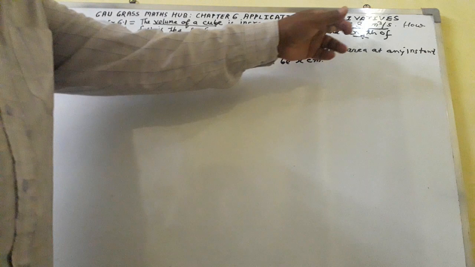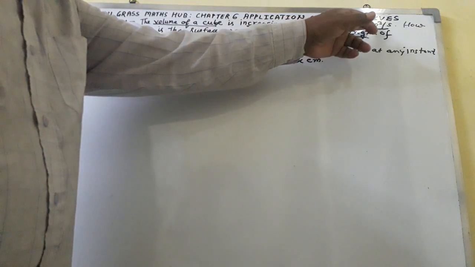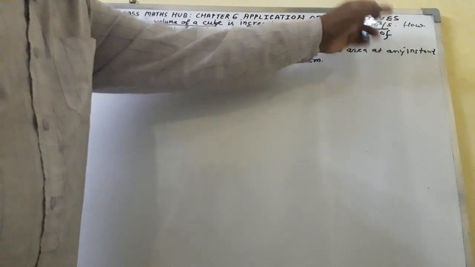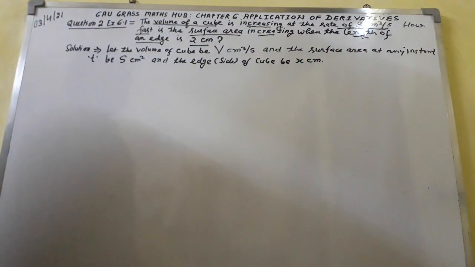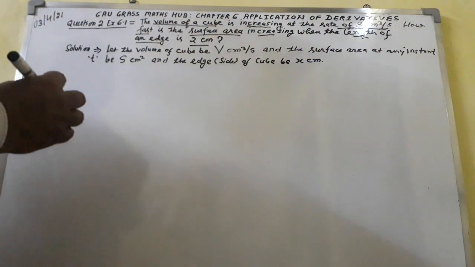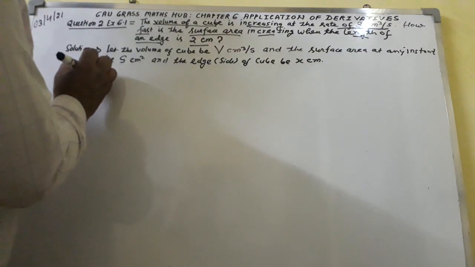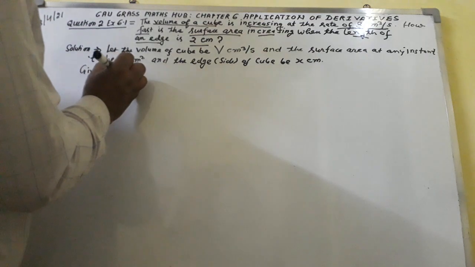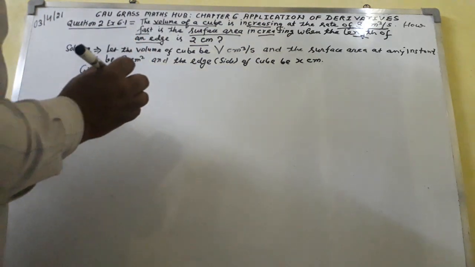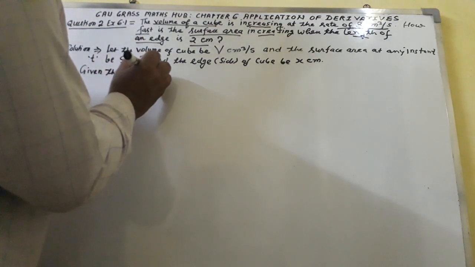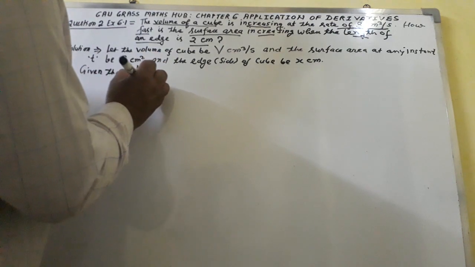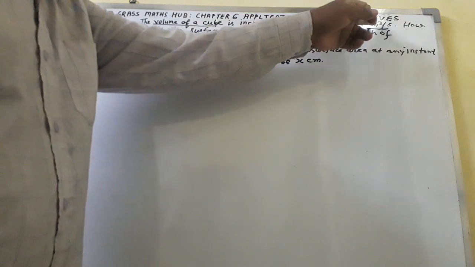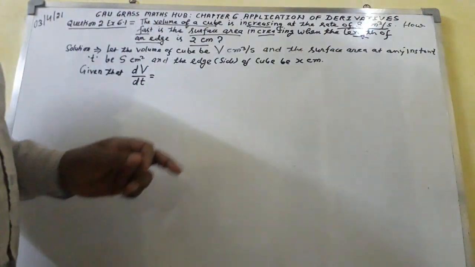So here the unit given, centimeter cube per second, means volume per second. So here I shall write, given that dV over dt is equal to 8 centimeter cube per second.